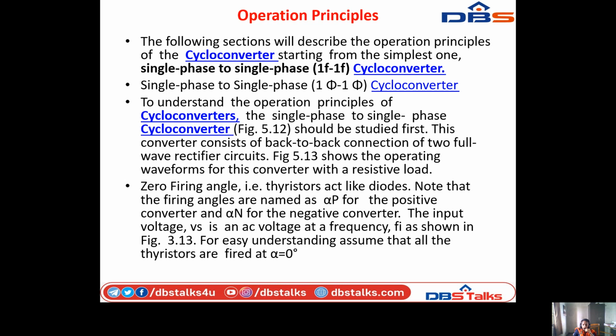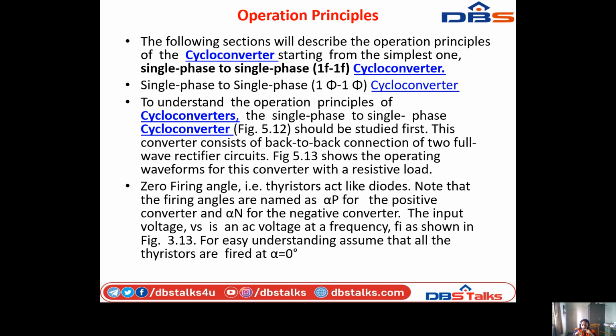Here we have to observe the single phase to single phase cycloconverter. At first, the back-to-back connection of two full wave rectifiers will operate with a resistive load. Whenever we have zero firing angle, the thyristor will act like a diode.